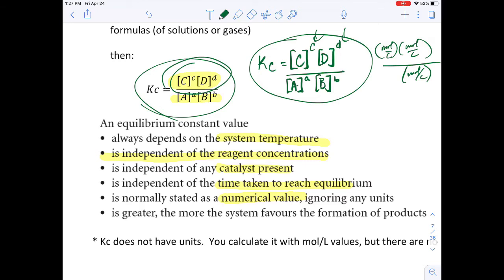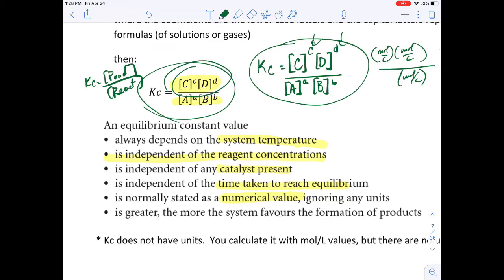If the Kc is smaller, it means we've got more reactant and less product being made. Because the Kc is essentially the concentration of products over the concentration of reactants, is a way to think of it. It's a little oversimplified, but if we get a lot of products, we get a big Kc. If most of it stays as reactants, then the Kc is going to be a pretty small value.